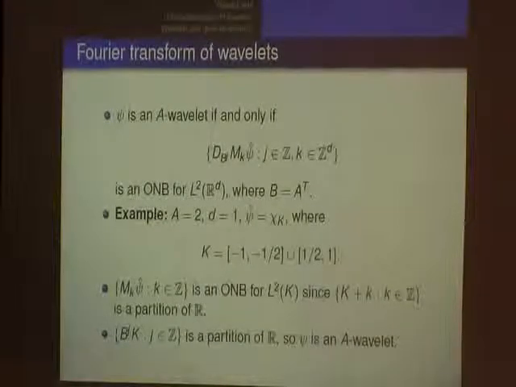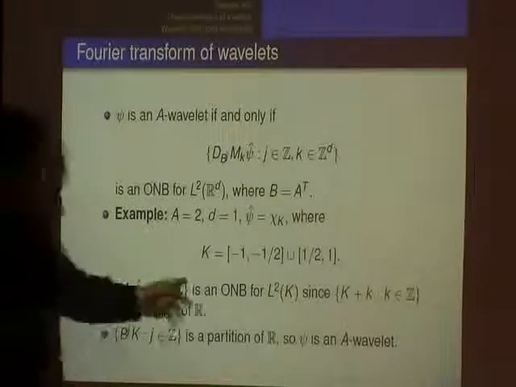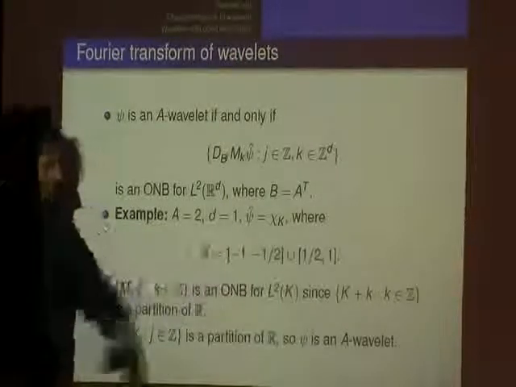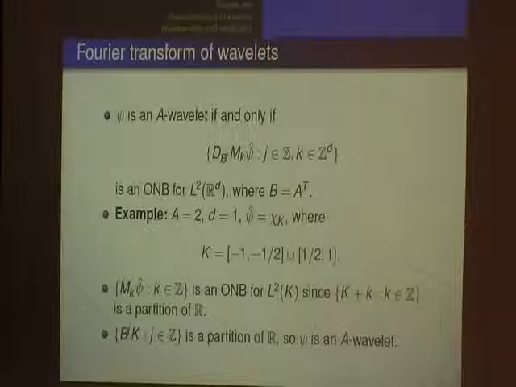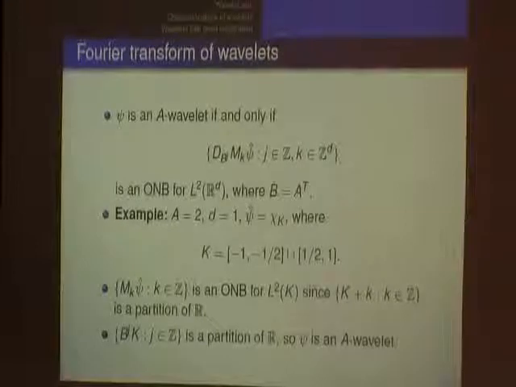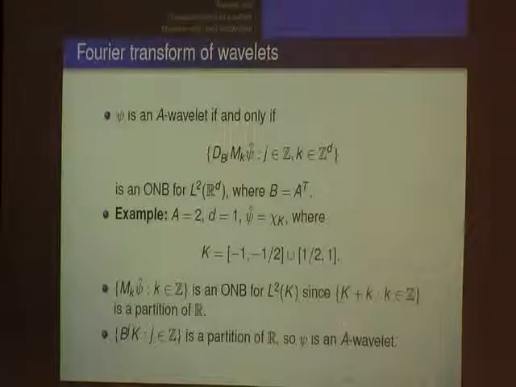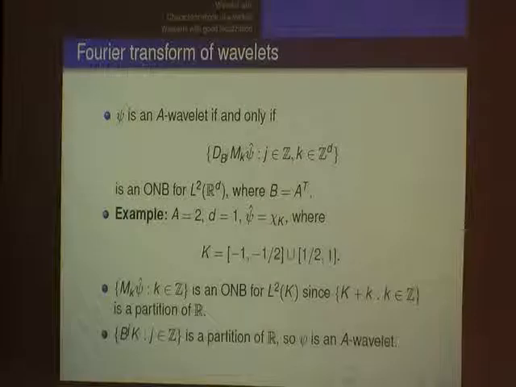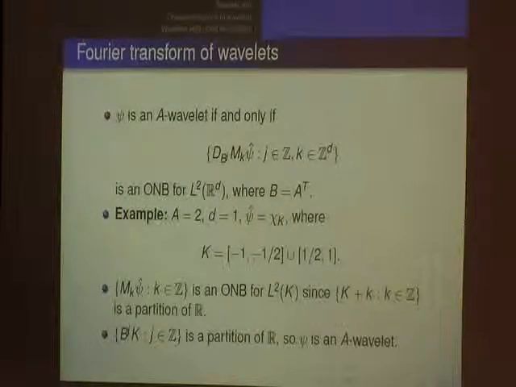The first example is the following: you take K to be this interval and look at the indicator function on it. The Fourier transform of a dilation by 2 wavelet is the standard dyadic wavelet, because modulations form an orthonormal basis for L2 of this interval. This is just like L2 of the circle. I took a piece and moved it over a little bit, so it's still an orthonormal basis for L2 of this set.